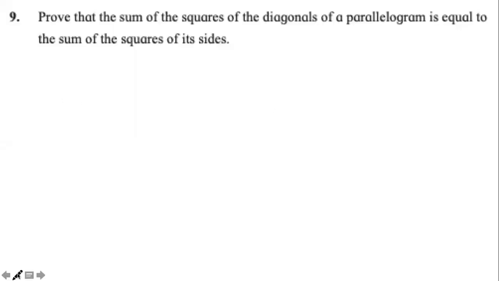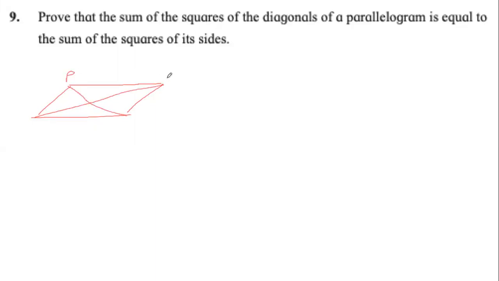Let us first draw to help us understand this question better. It says there is a parallelogram. Okay, let us draw a random parallelogram. And it says diagonals also, so I have drawn the diagonals.